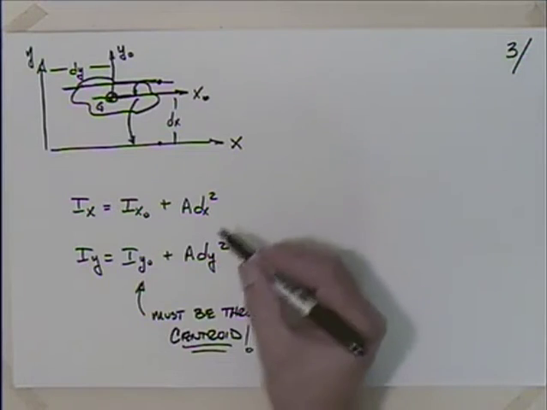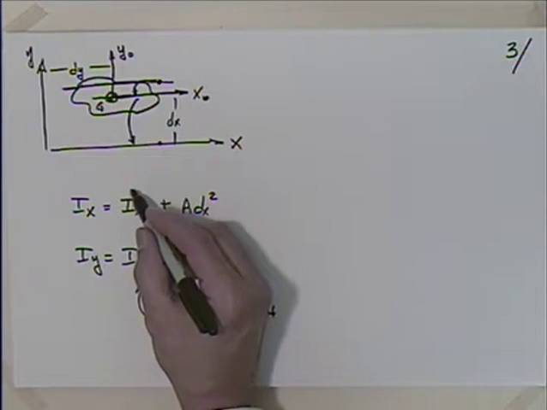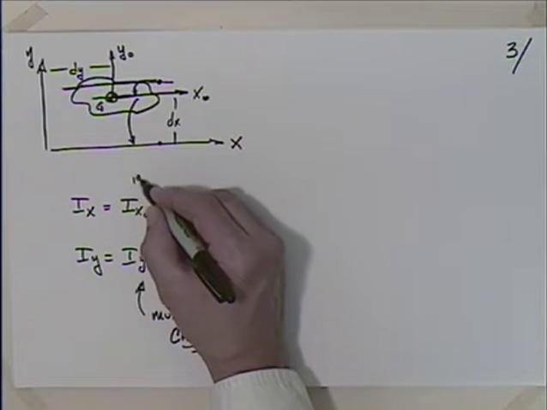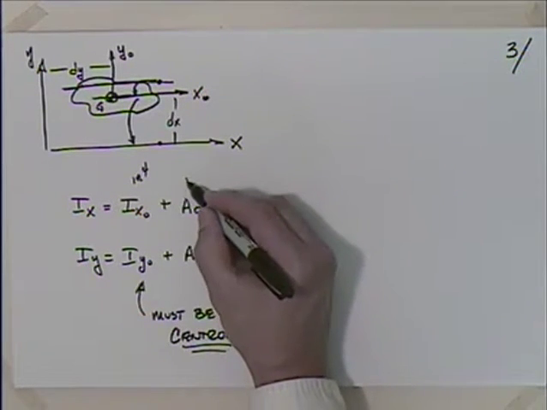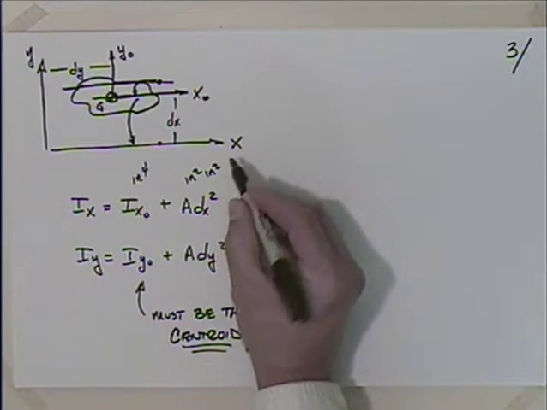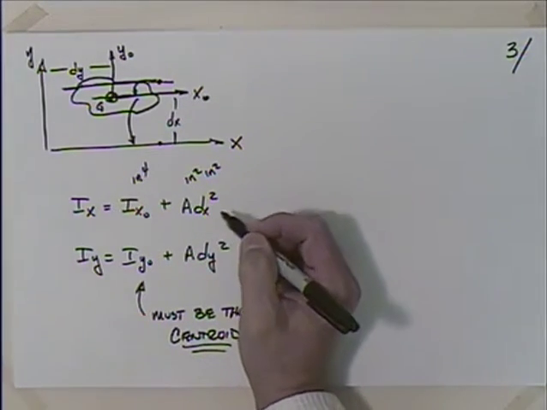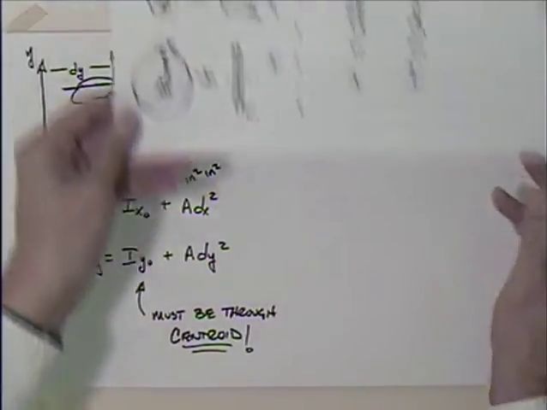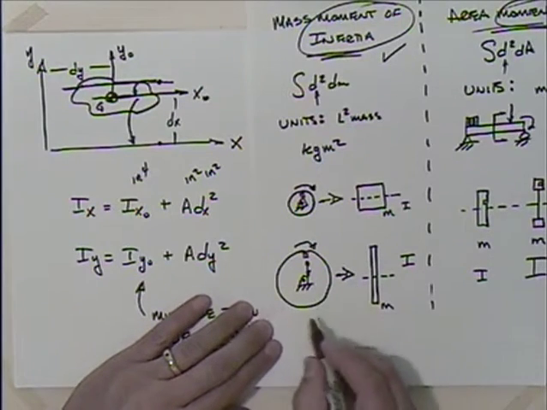The units on this hopefully work. You're going to have distance to the fourth here, so let's say inches to the fourth. You'd have inches squared in the area, and then if this distance is in inches, you'd have another inches squared, so inches to the fourth. The units work out. Now, if we go back to physics, what did you have for your parallel axis theorem?